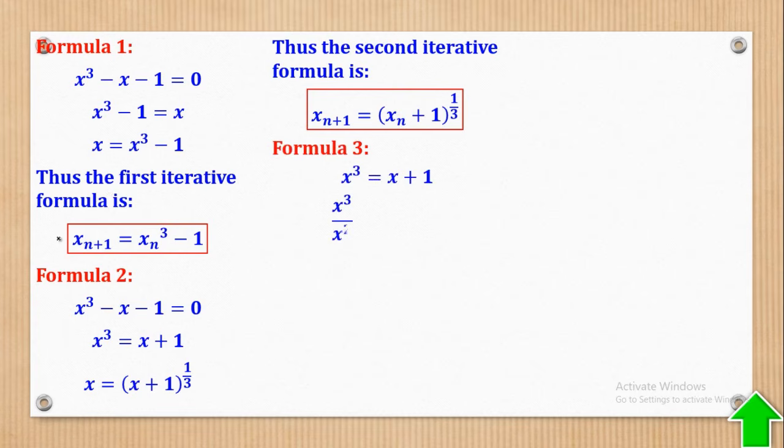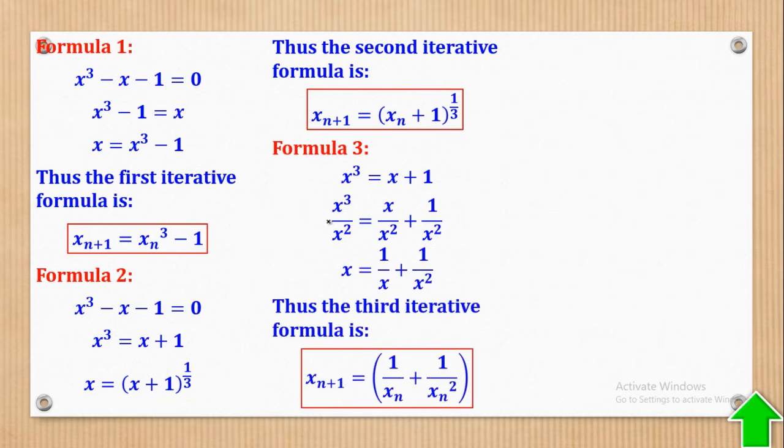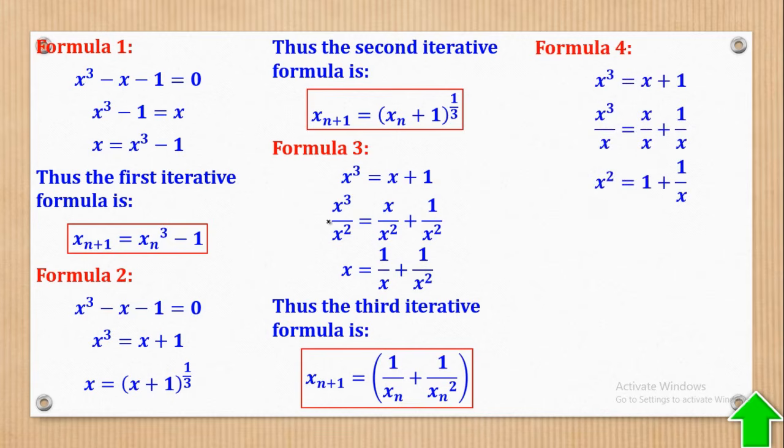Next, I can also choose to first divide throughout by x squared. When I divide throughout by x squared, I'll come up with that. Therefore, the third iterative formula will be that. As simple as that. But also, I can choose to divide throughout by x. So I'll come up with this.